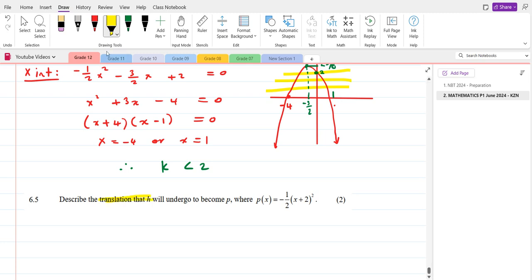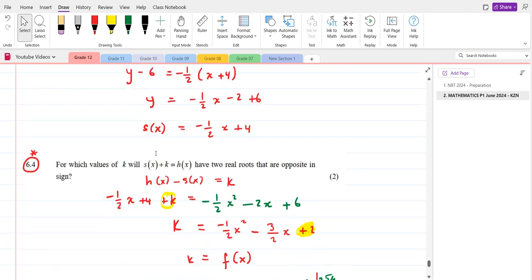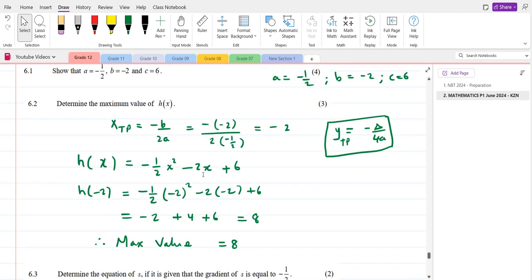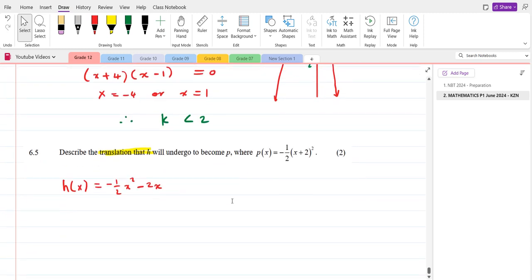So what was h of x function? My h of x function was minus half x squared minus 2x plus 6. That was my h of x function, right? So we want to know how is it transformed to this point.